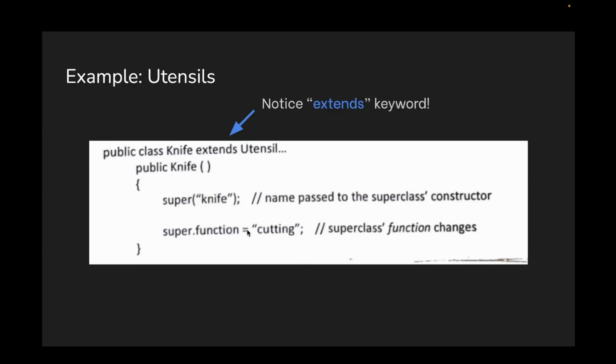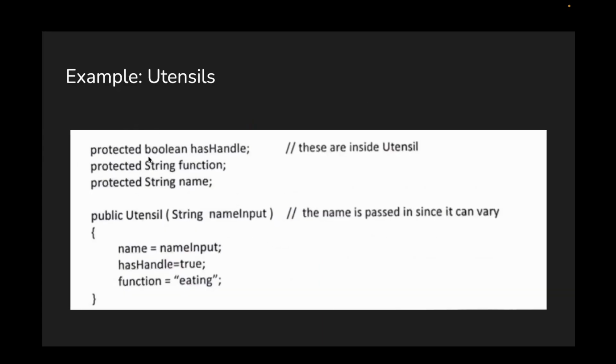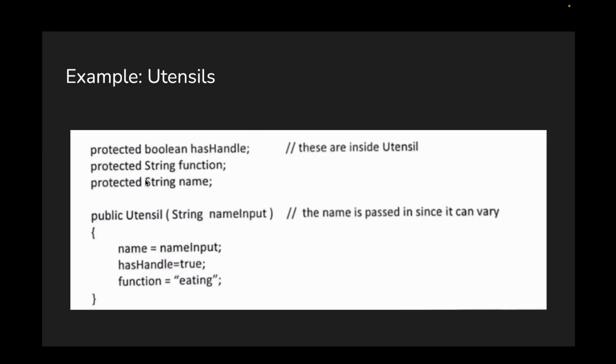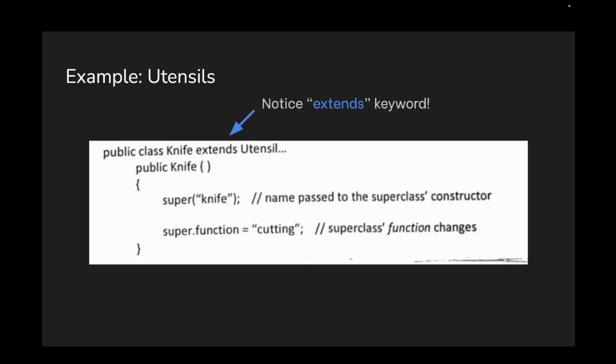So this is a way that we can access another variable. We can say super.function equals cutting. This is where the protected variable comes in. If this was private, we wouldn't be able to say this, because private means that even the subclasses can't access the field variable.